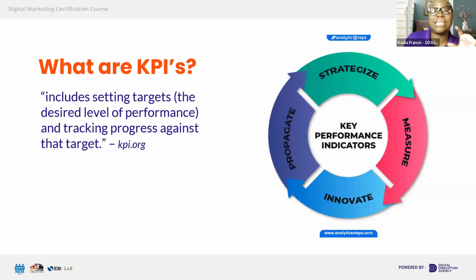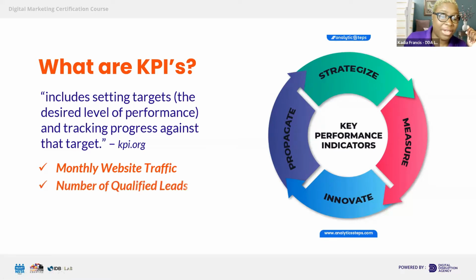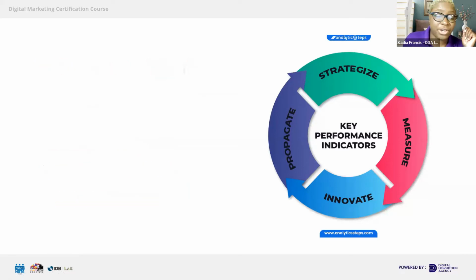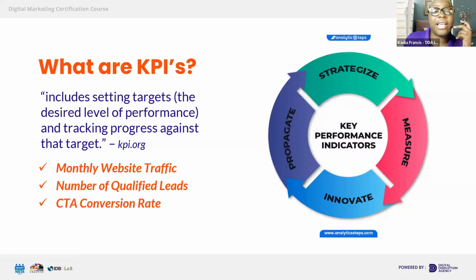It includes setting targets, the desired level of performance, and tracking progress against that target. It's like when you're in sales and you have certain sales targets, that's what we mean. Some examples of KPIs are monthly website traffic, number of qualified leads, and CTA conversion rate.